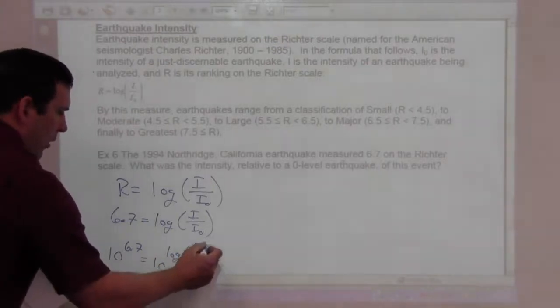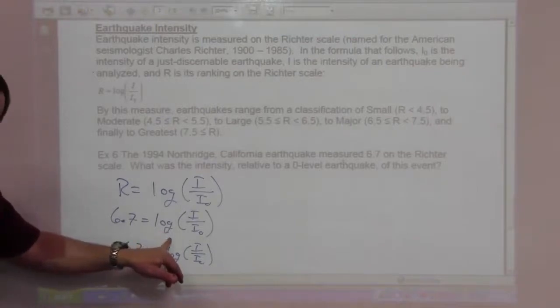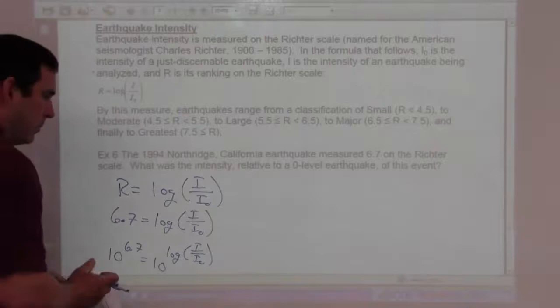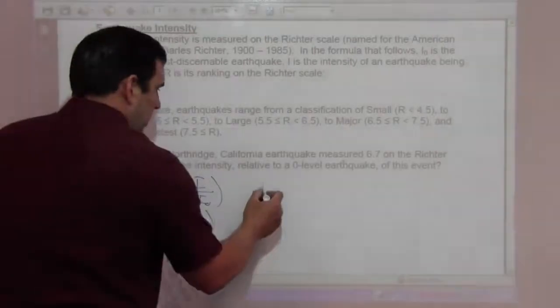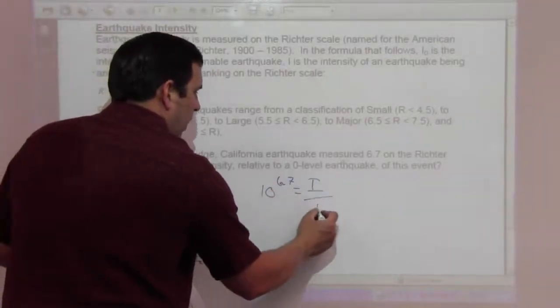Anyone know why we had to raise both sides as powers of 10? That's because this is a common log and its base is 10. So that undoes it. So 10 to the 6.7 equals I over I naught.